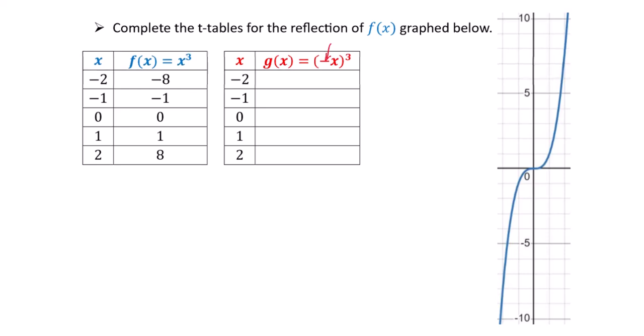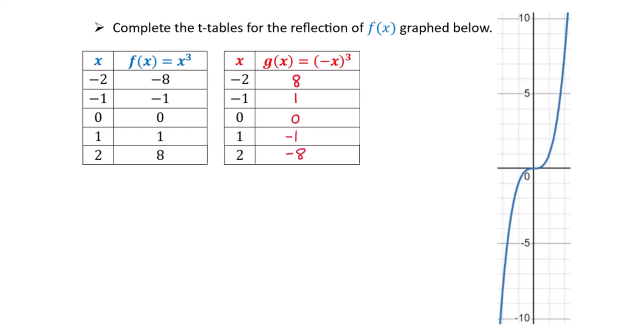And so a +2 cubed is 8. If I put in a -1, it makes it a +1 cubed is 1. A 0, we'd still have 0. Putting in a 1 would make it the opposite of 1, or -1 cubed, which is -1. Putting in a 2, I would get -2 cubed is -8.